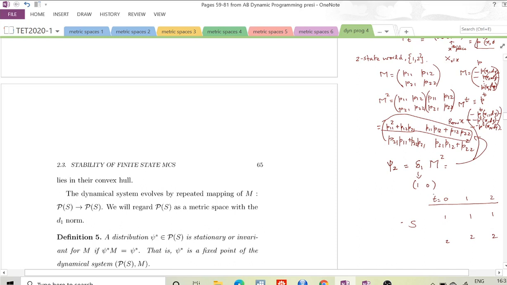Then what is the probability of being in state 1 at time t equals 2? What we can do is look at the possible paths from state 1 at time t equals 0 to state 1 at time t equals 2. And in this simple two-state world, there are two paths.